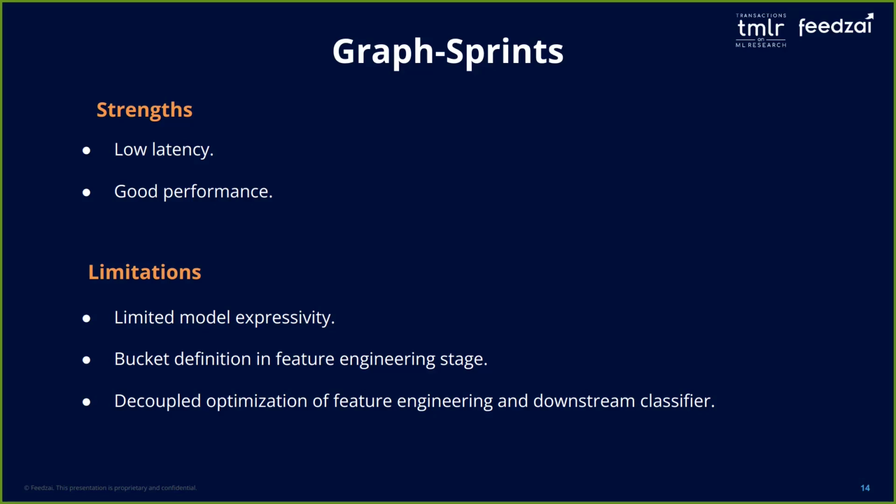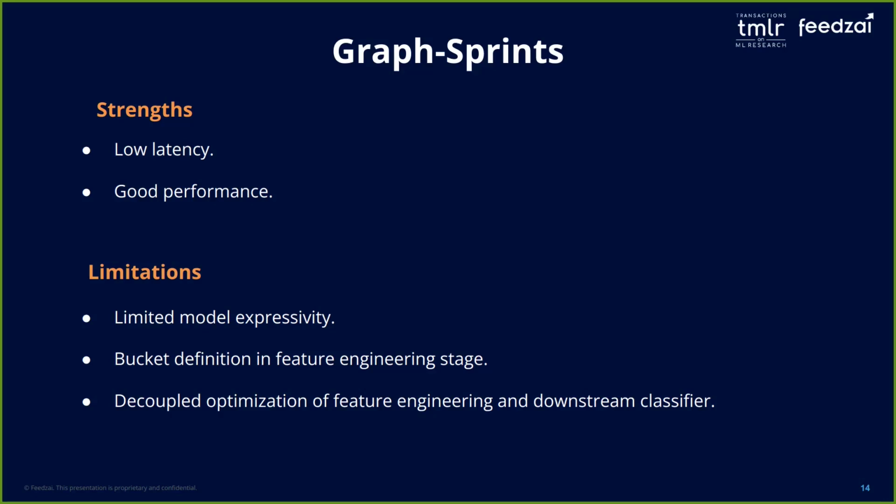As a result, Graph Sprints has several strengths like low latency and good performance. However, it suffers from a few limitations like the limited model expressivity caused by the scalar nature of the forgetting coefficients, and also the burdensome bucket definition in the feature engineering stage for the delta function.